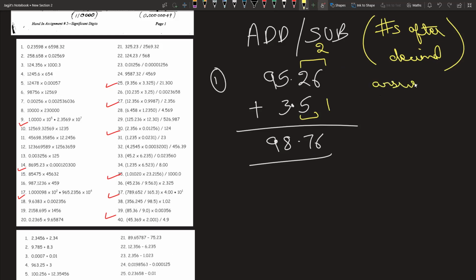Answer should have least number after the decimal. Least out of all the numbers involved. So it would be 12.8 then. Absolutely. You would rewrite this as 12.8 because 7 will get rounded up. So keep this in mind. When it comes to addition and subtraction, your rules are a bit different. You're only looking at the numbers after the decimal. Does that make sense?